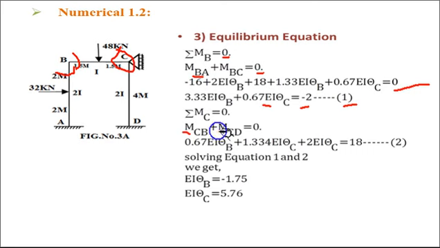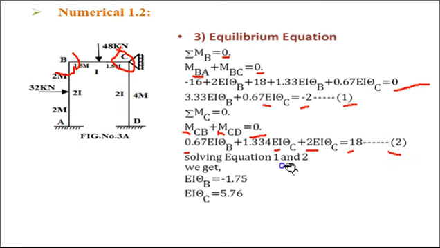You have to add these two moments and equate to 0. So MCB plus MCD is equal to 0. Now we know the value of the end moments, putting that: 0.67 EI theta B plus 1.334 EI theta C plus 2 EI theta C is equal to minus 18, that on the right hand side becomes plus 18. So this one is equation 2.